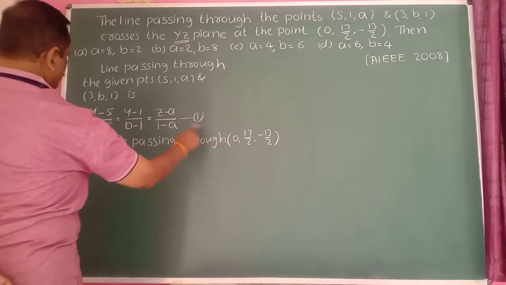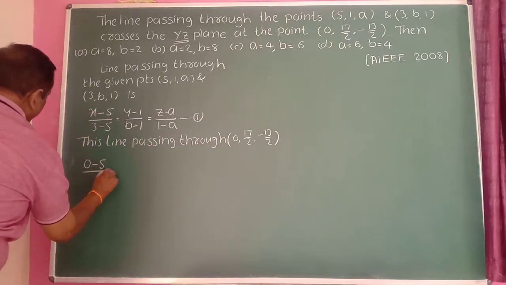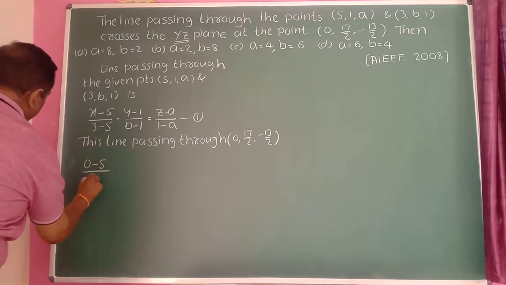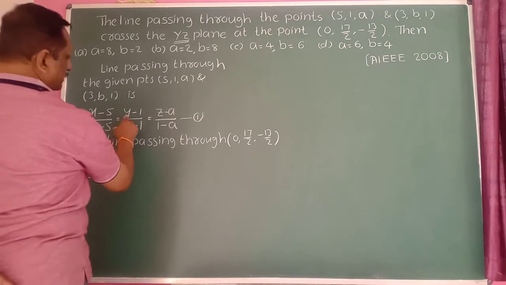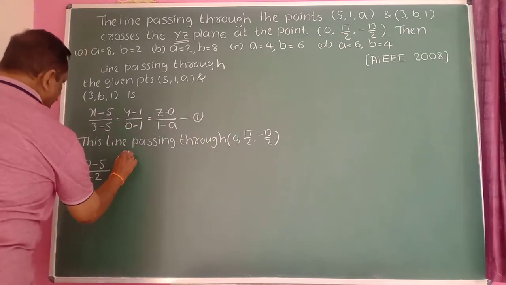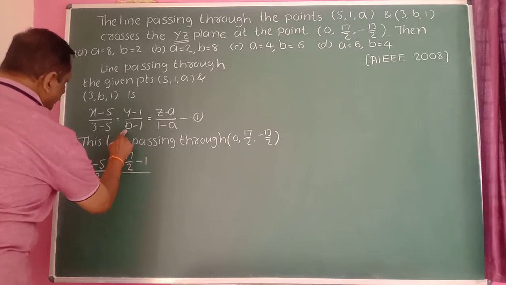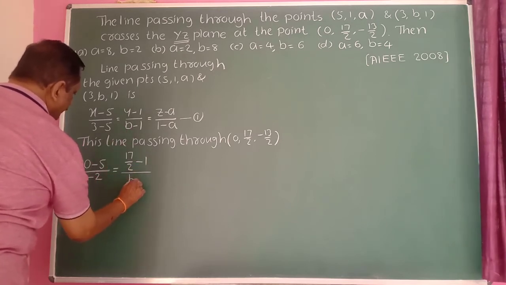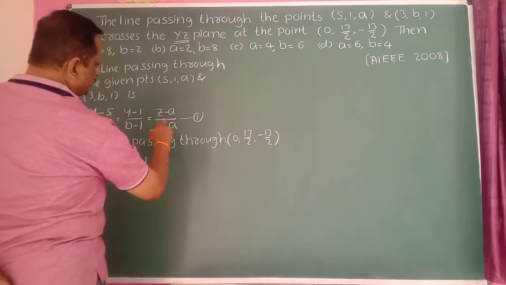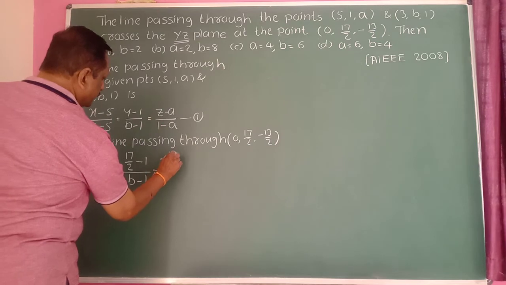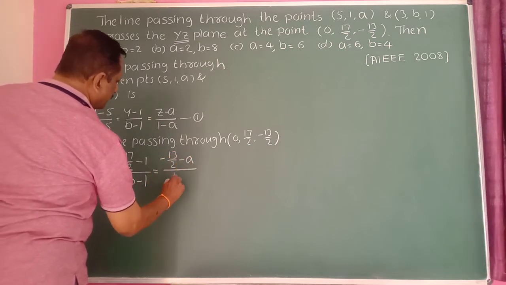Therefore, put x equal to 0. So 0 minus 5 divided by 3 minus 5, that is minus 5 upon minus 2, is equal to (y minus 1) divided by (b minus 1), with y as 17 upon 2, and also equal to (minus 13 upon 2 minus a) divided by (1 minus a).